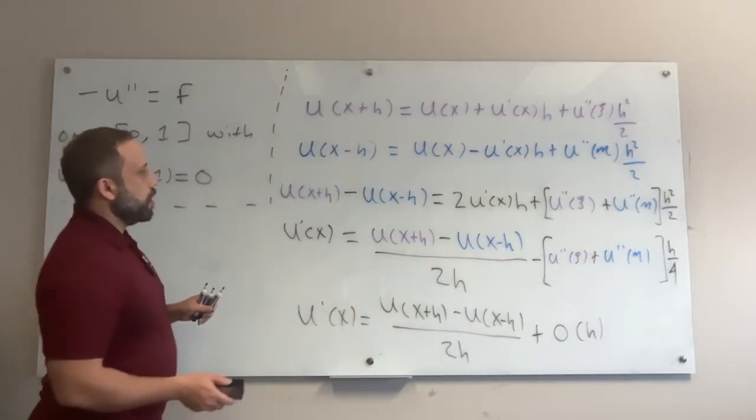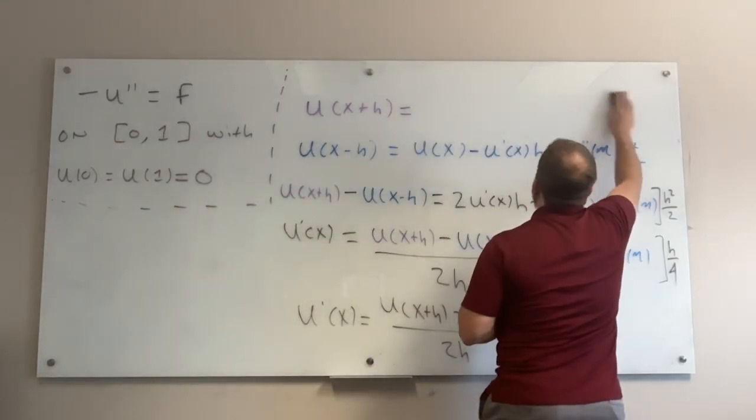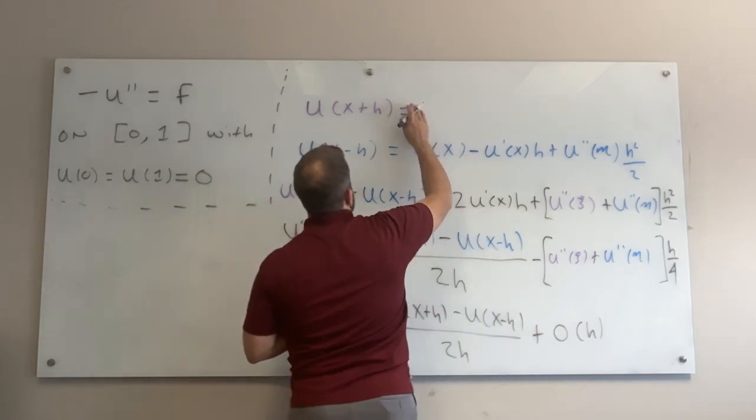But here's how we can make this approximation a little bit better. I'm going to have to squeeze in my work over here. We can look at more terms in Taylor's theorem.